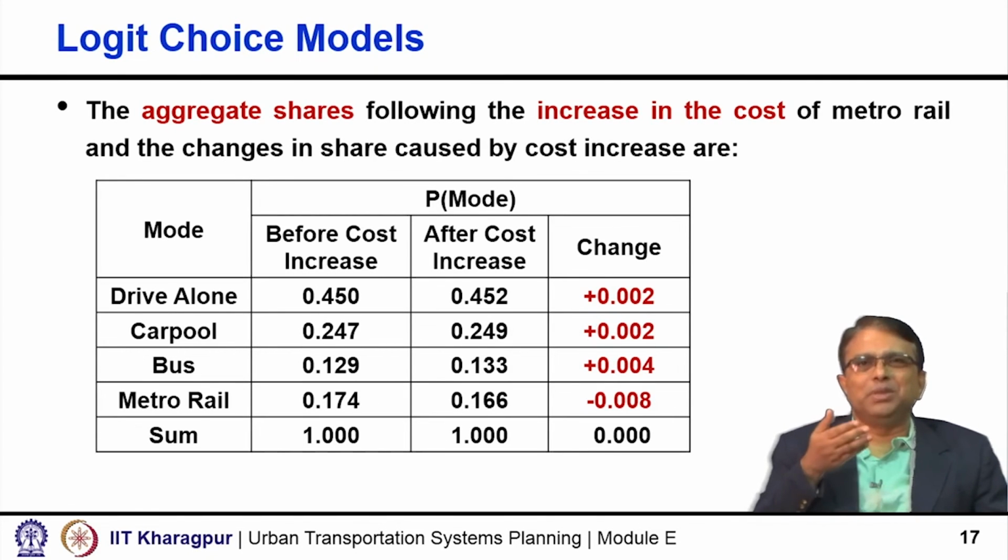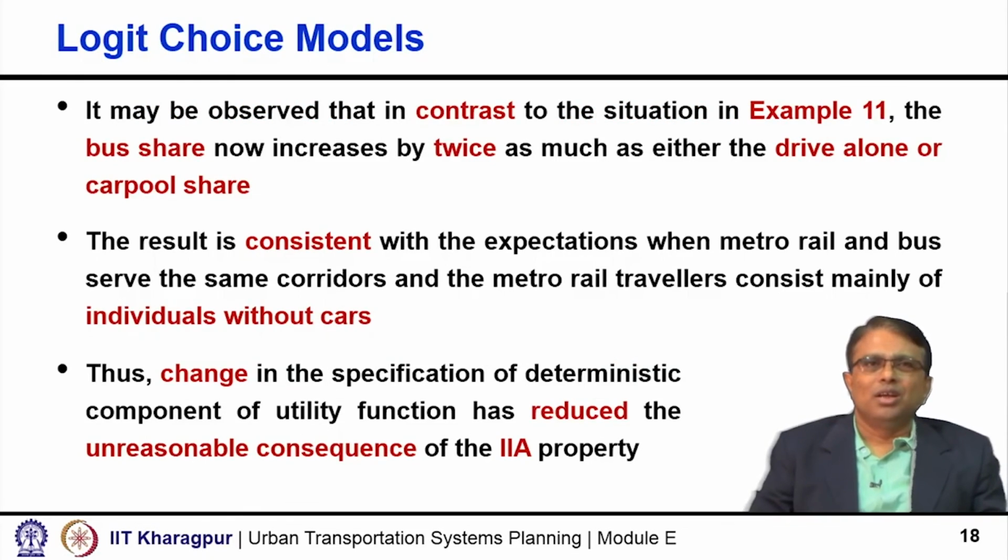So, by bringing more pertinent, logical variables, one can reduce the undesirable effect of the IIA. So, whatever I said is mentioned here, that in contrast to the previous example, how these results improve, and finally, the same conclusion that thus change in specification of the deterministic component of the utility function has reduced the unreasonable consequence of the IIA property.